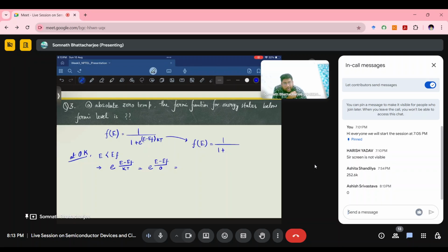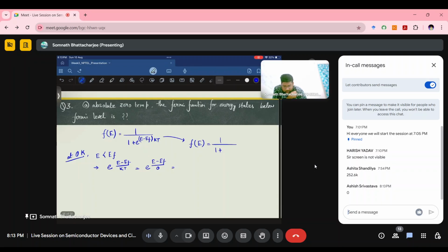So this is e to the power of minus infinity, which is not exactly 0, but tends towards 0. Based on that, the value of the function would be 1, not 0. It would be 1.